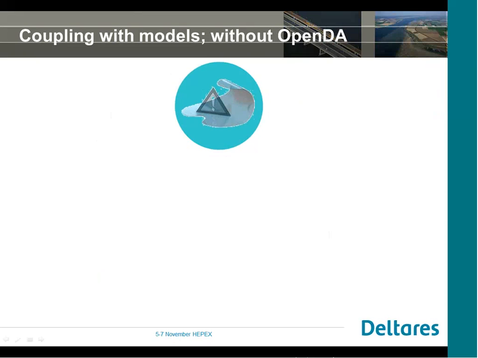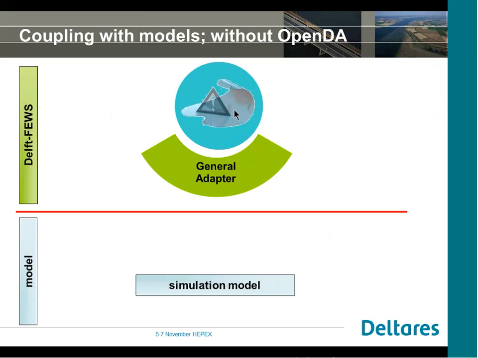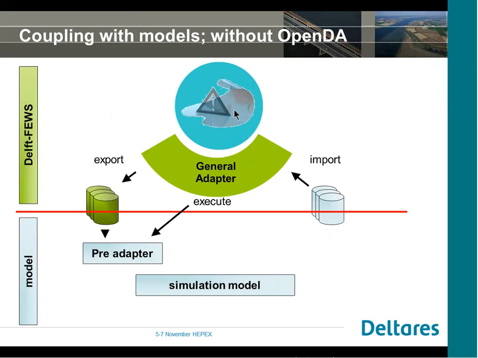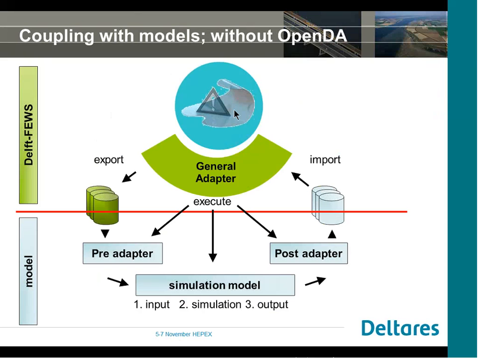This box being the Delft-FEWS database, you are able to run models through a general adapter, and the normal way of doing that is you export some data, you convert that data for the simulation model so it can be understood by the simulation model. Then you execute this simulation model. You get some data out, you transform that to a specific format, NetCDF or XML type format, and then it's inserted into the database again.